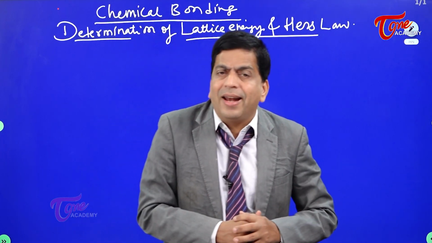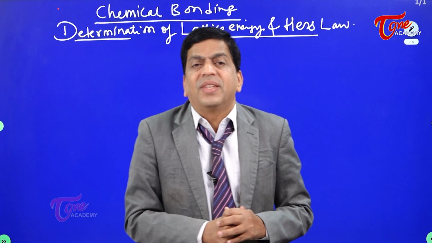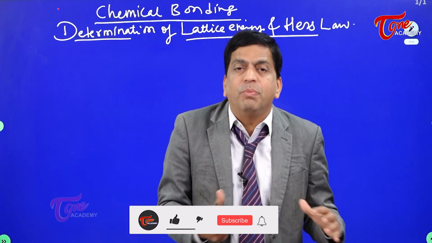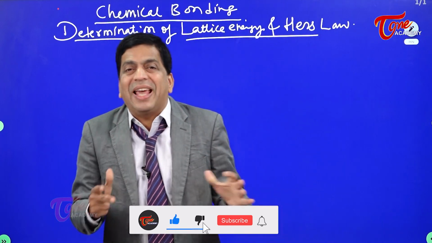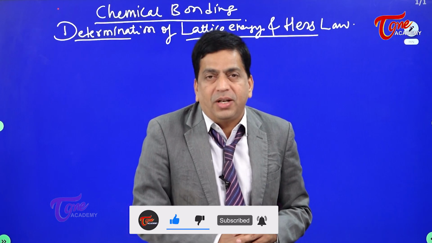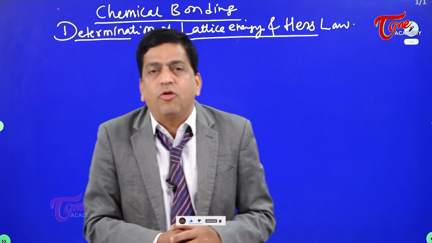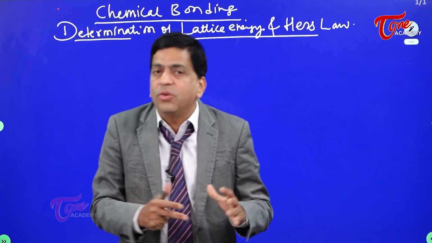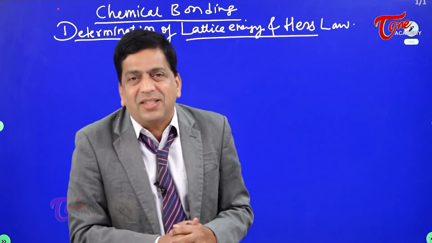So that's what I said, the infinite, regular, three-dimensional arrangement of these ions in space is called a space lattice. If I can repeat, the infinite, regular, three-dimensional arrangement of ions in space can be called what? Space lattice.